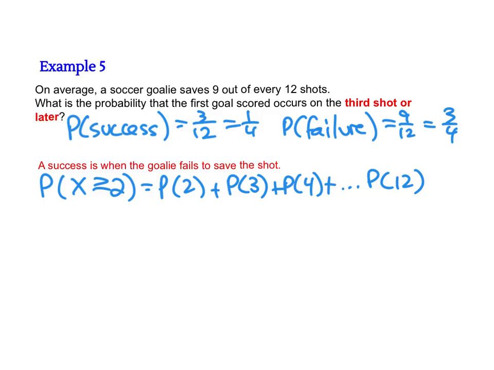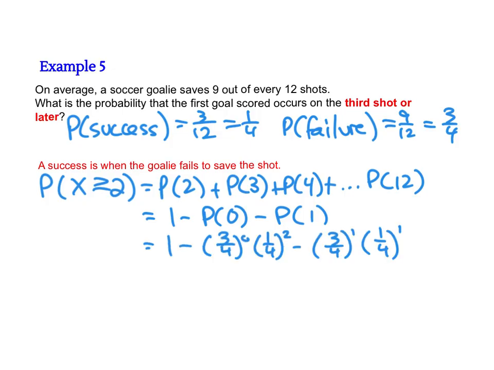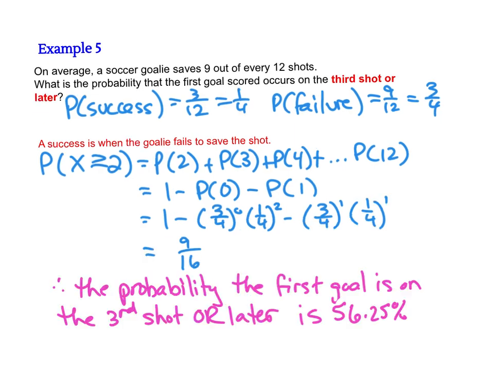Let's subtract from 1: it will be 1 minus the probability of no shots minus the probability of 1 shot. Here's how we set that up. We have a 9/16 probability that the first goal scored occurs on the 3rd shot or later. So there is a 56% probability that a goal will be scored on the 3rd shot or later, which makes sense because he only saves 9 out of every 12 shots.